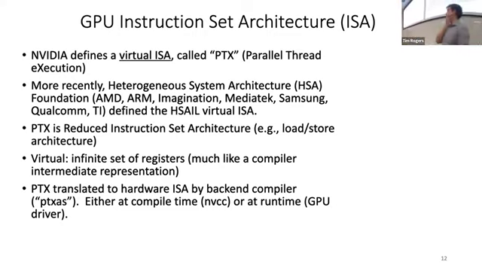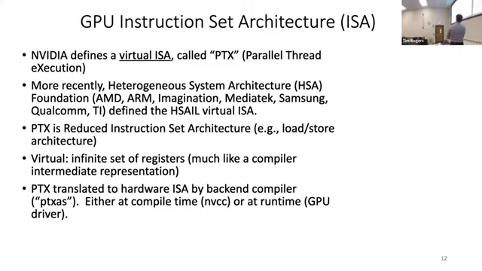A consequence of this means that if you look at PTX, it has an infinite register set. It does SSA, which is single static assignment, right? Compiler people, that's what that stands for, which means that every time I need a new register, I just take one. So if you look at PTX for a big code, it'll be like register 10,000. And of course, the machine doesn't actually have register 10,000.